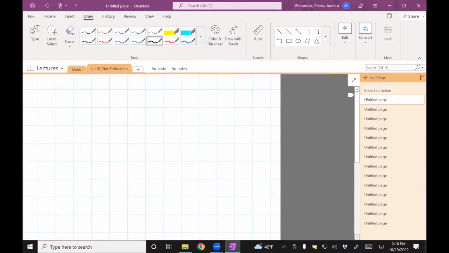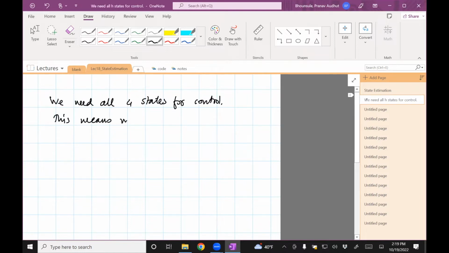So let me put that down here. We need all 4 states for control. Okay, this means that we need 4 sensors, so 2 for position and 2 for velocity.